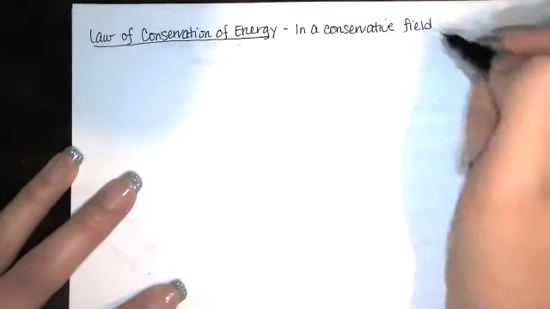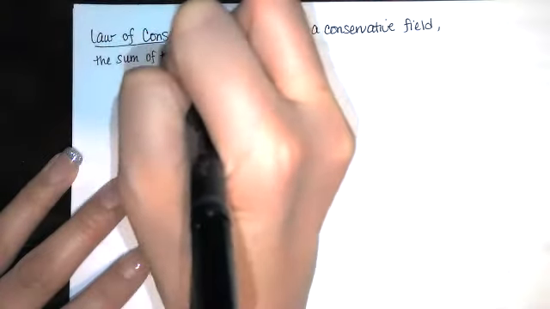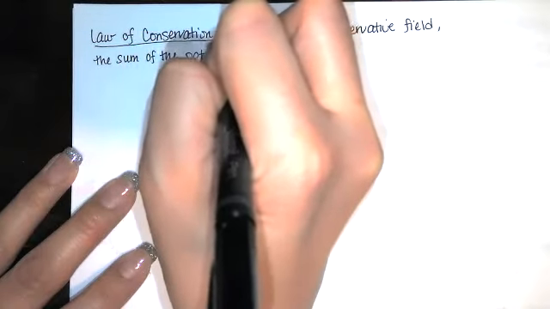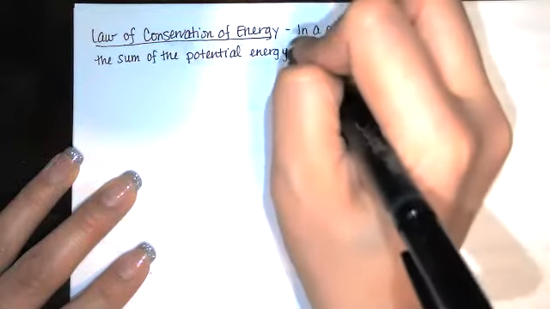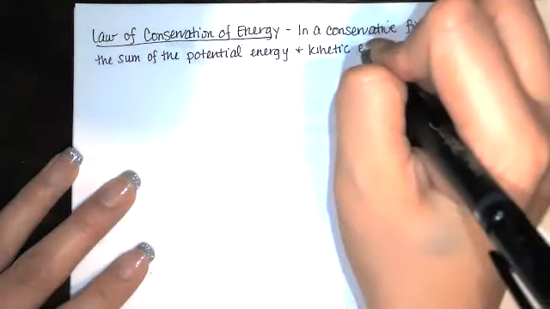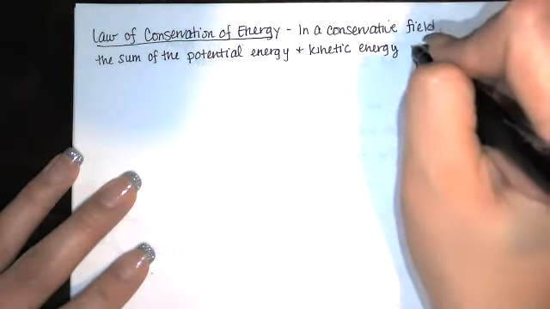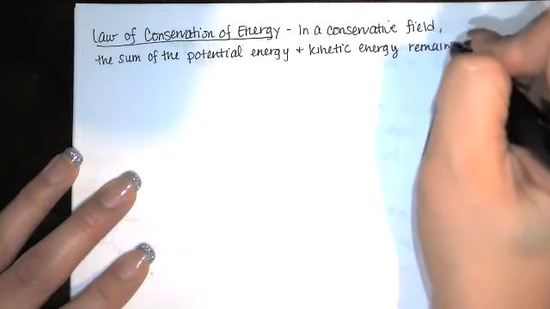In a conservative field, the sum of the potential energy and the kinetic energy of an object remains constant from point to point.